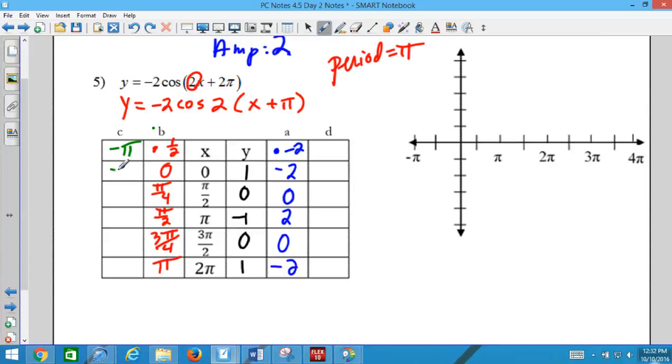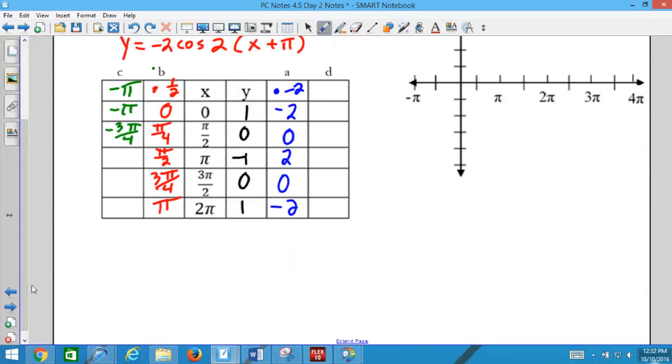So over here I'm going to have negative pi, and then I have pi over 4 minus pi. And we have pi over 2 minus pi. If you're trying to do that by hand, you're making common denominators. So I'm going to have minus 2 pi over 2.